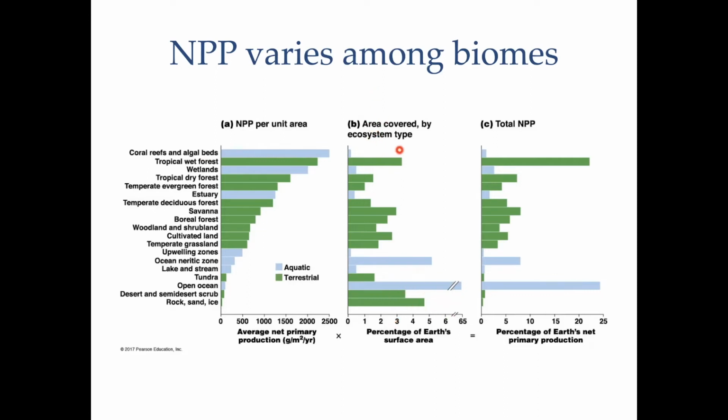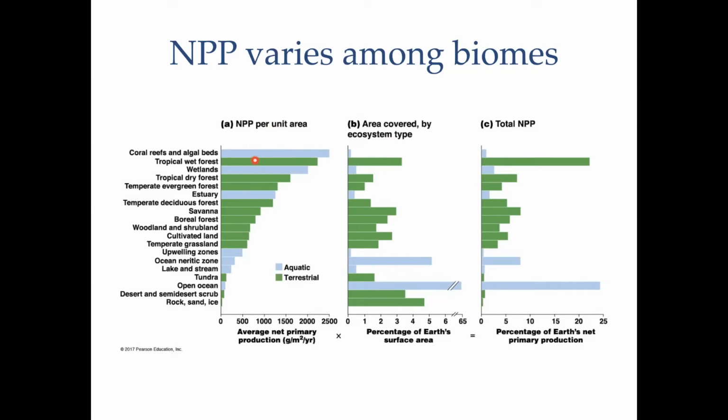If we multiply the area covered by the net primary productivity per unit, we are going to have the contribution of each of those environments to the global net primary productivity. And when we do that, it's really interesting to observe that things very productive like coral reefs actually contribute a very small amount to our global net primary productivity.